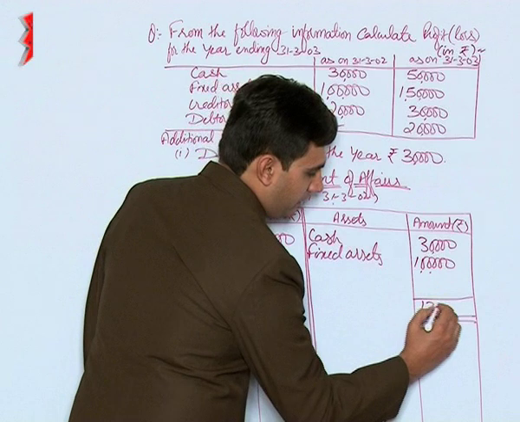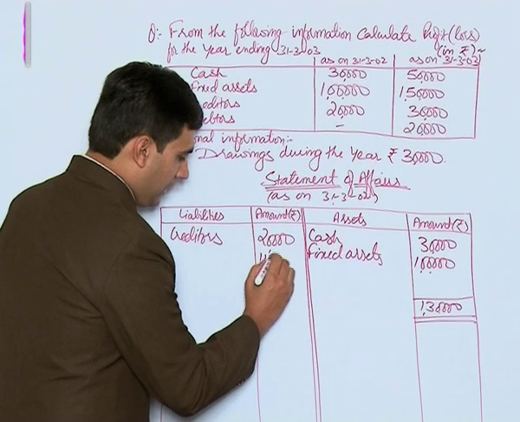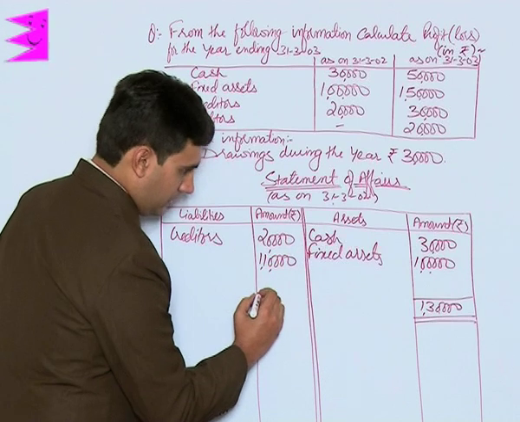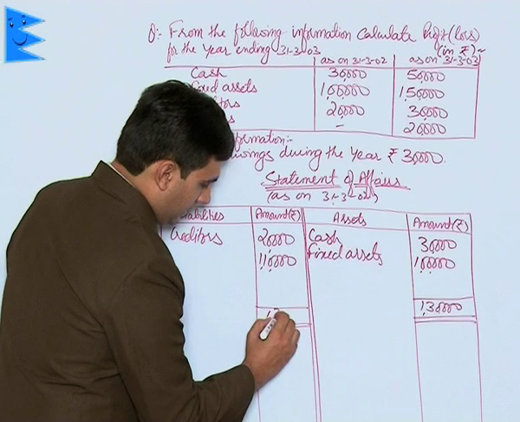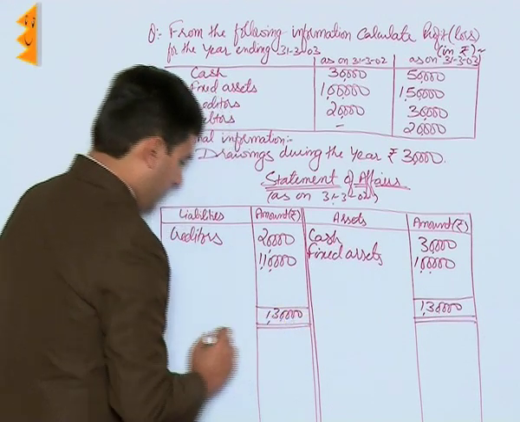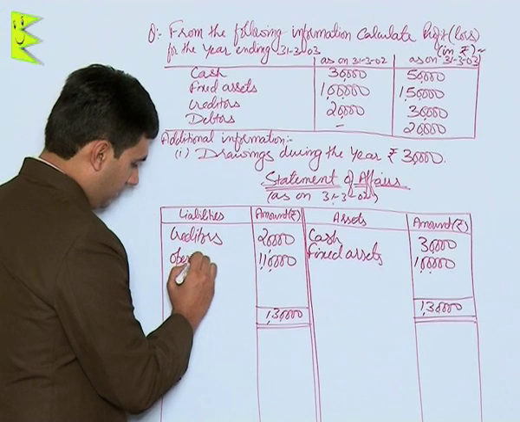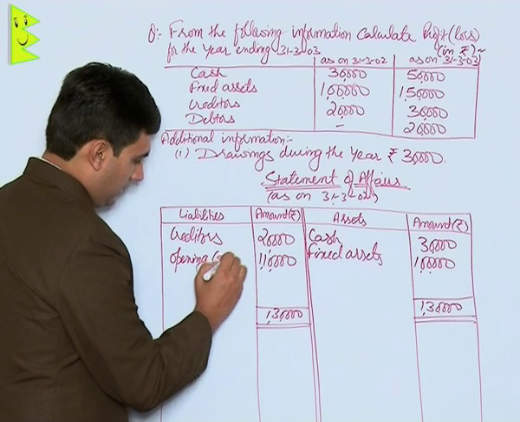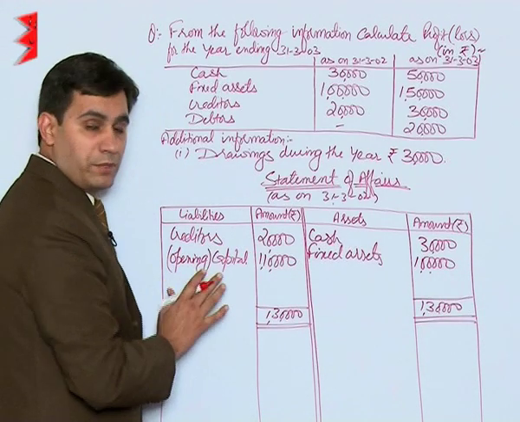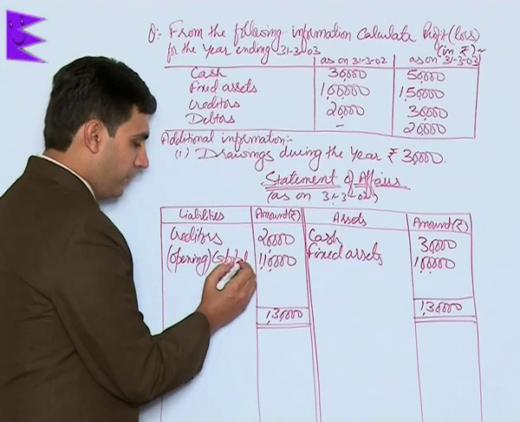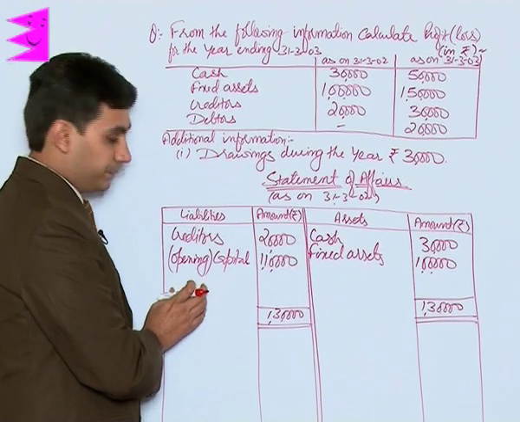This is 1,30,000 here. Minus 20,000 would be 1,10,000. And this is opening capital. Now, opening should actually be put in brackets. So this is just capital. For our information's sake, we have written it as opening here.